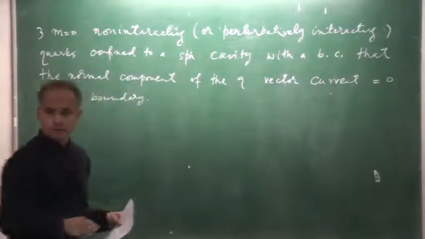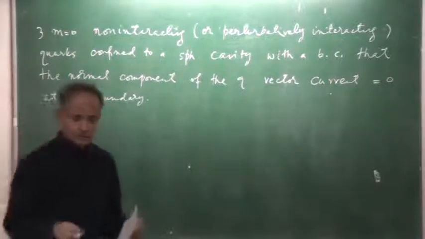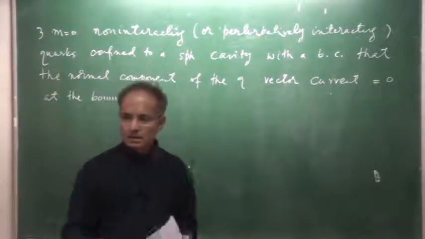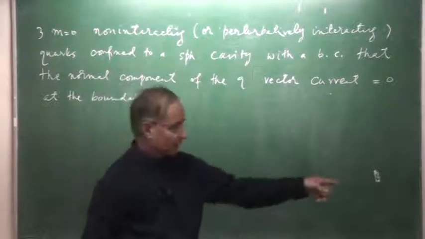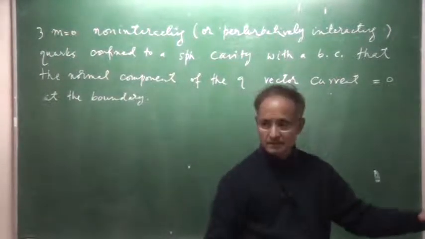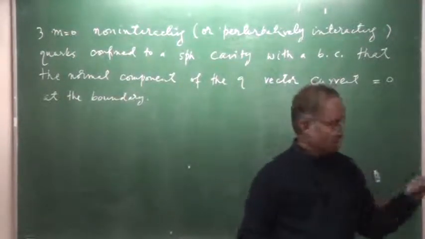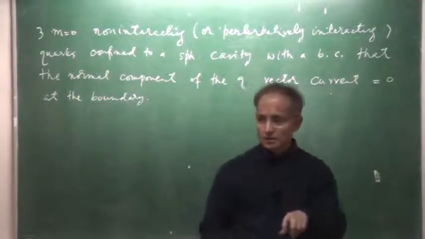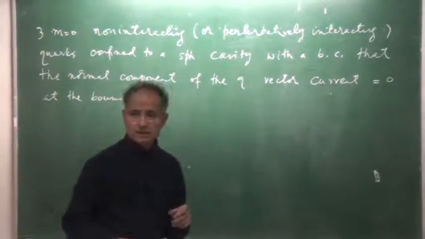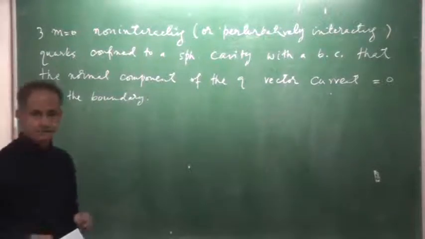Why are we imposing the boundary condition? Because we don't want color to go out. Color is not allowed to exist outside. I said only color singlet states exist. So the current cannot go out. The normal component of the current should be vanishing at the boundary.